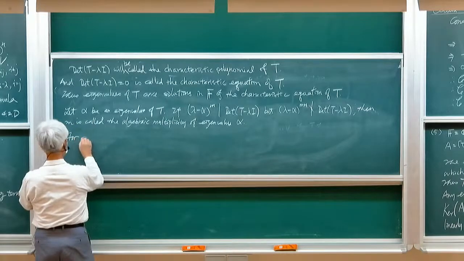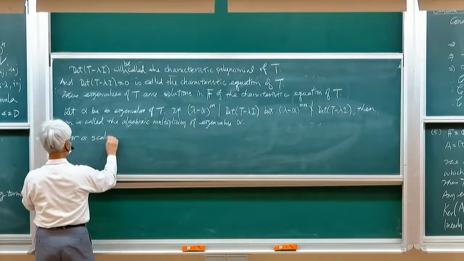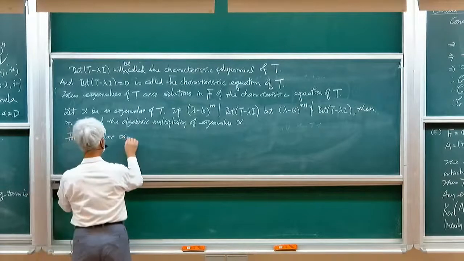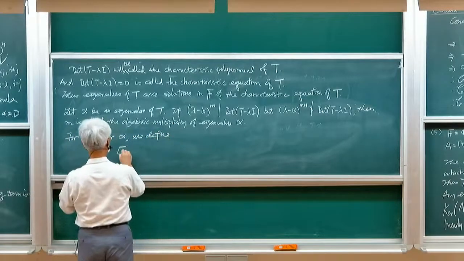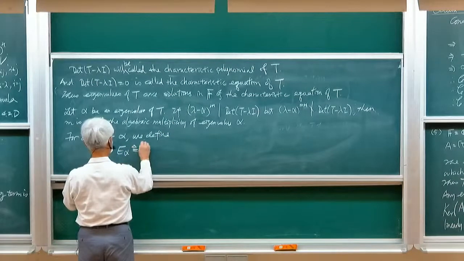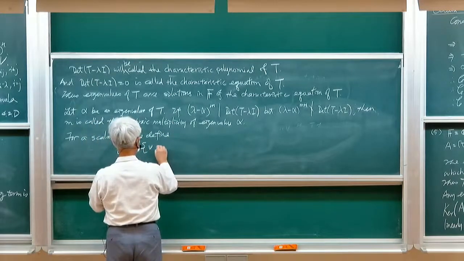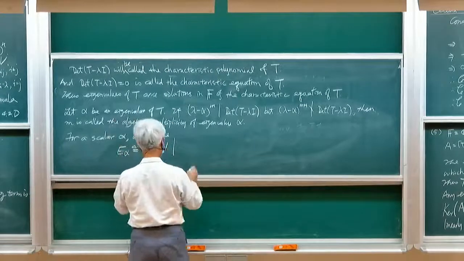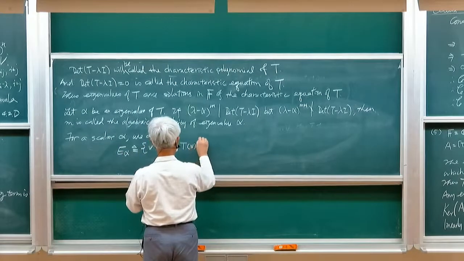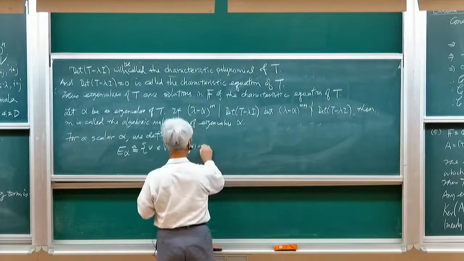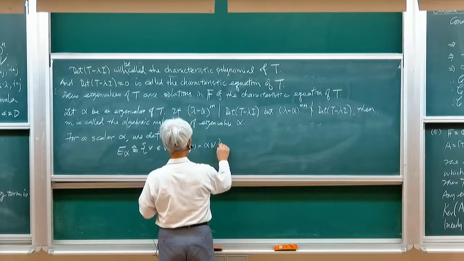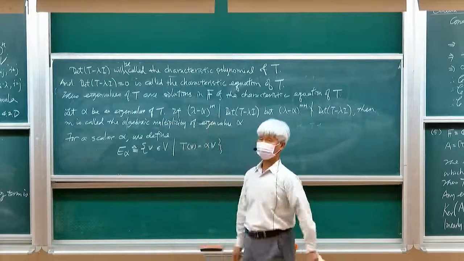So in general, for a scalar alpha, we define E alpha to be the set of all vectors which satisfy the eigen equation, but with alpha fixed.